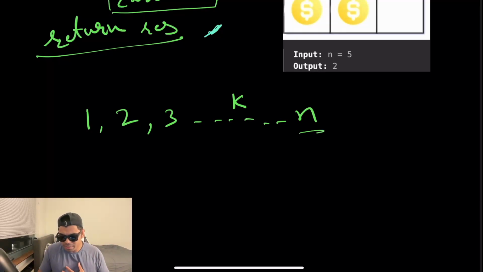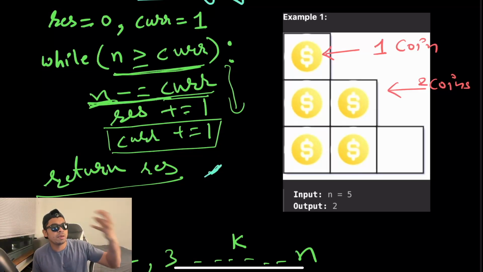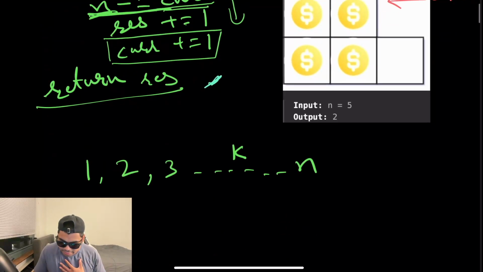This will not be n because initially it starts with 1, then the next staircase is 2, so you are already subtracting those coins from n. That will lie definitely somewhere between 1 and n, and this is the way we are finding it, and we are always subtracting the staircases that we have already built and the number of coins they have already used.